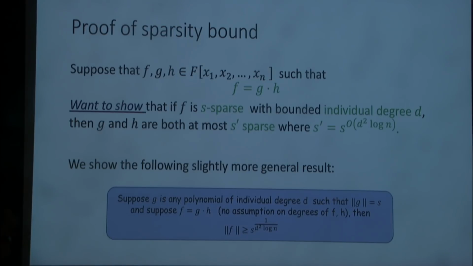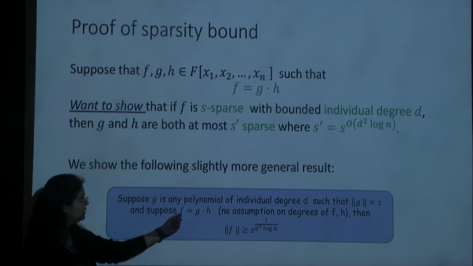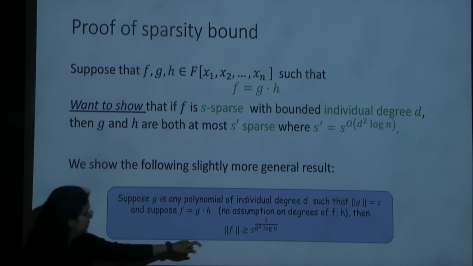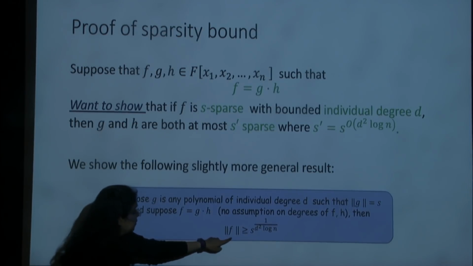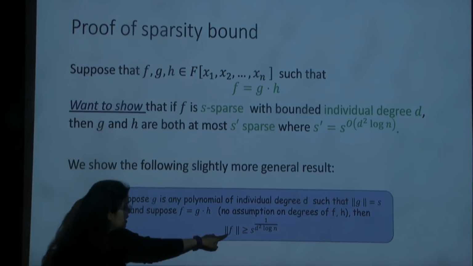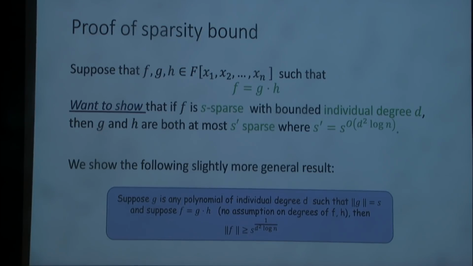We started with saying if f has few monomials, g can't be super dense. We're just flipping it around, saying g has s monomials, f can't be super sparse. So I want to say the number of monomials in f, if f is g times h, is at least s times 1 over d squared log n.